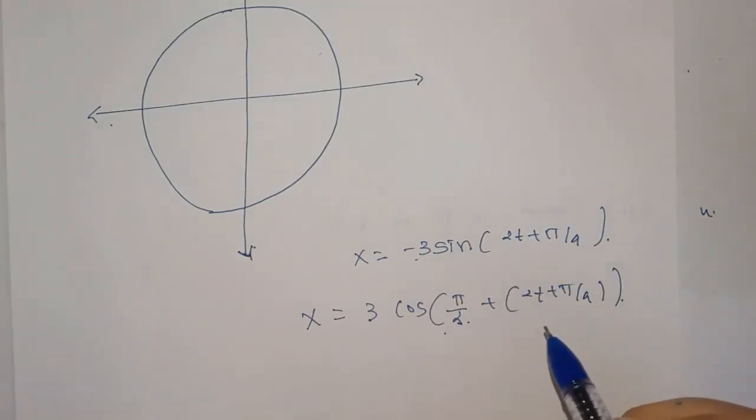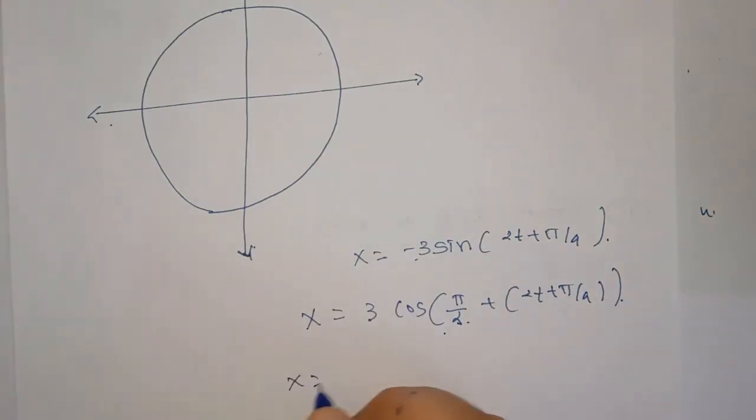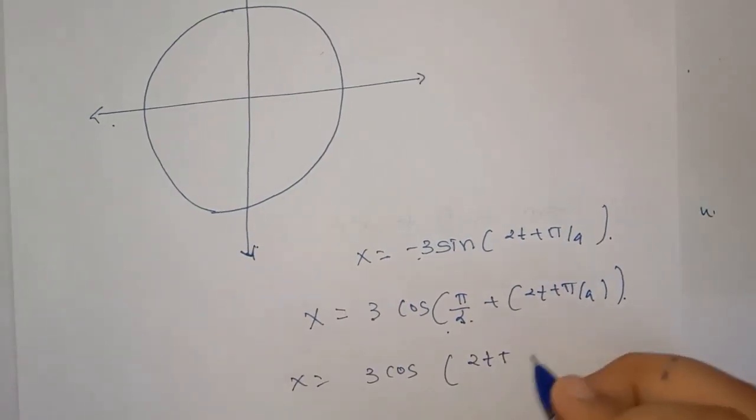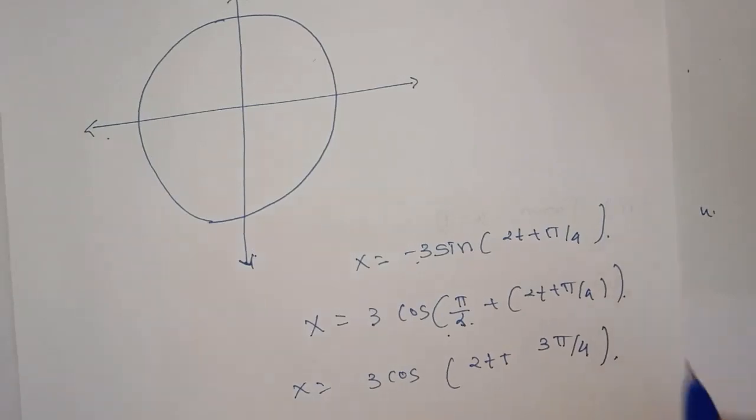So the angle would be pi by 2 plus pi by 4. So x will be 3 cos of 2t plus 3 pi by 4.